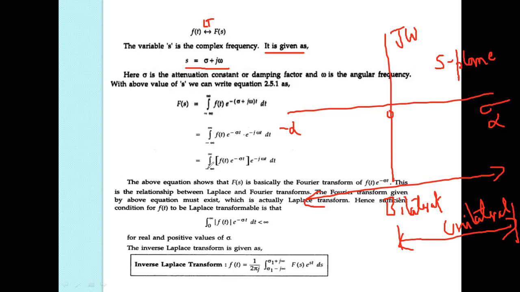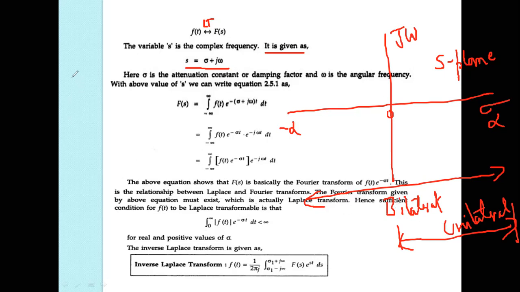Taking it as a single term, f of s is the integral from minus infinity to infinity of f of t e power minus sigma t, e power minus j omega t dt. The above equation shows f of s is basically the Fourier transformation of f of t into e power minus sigma t. This is the relation between the Laplace and the Fourier transform.